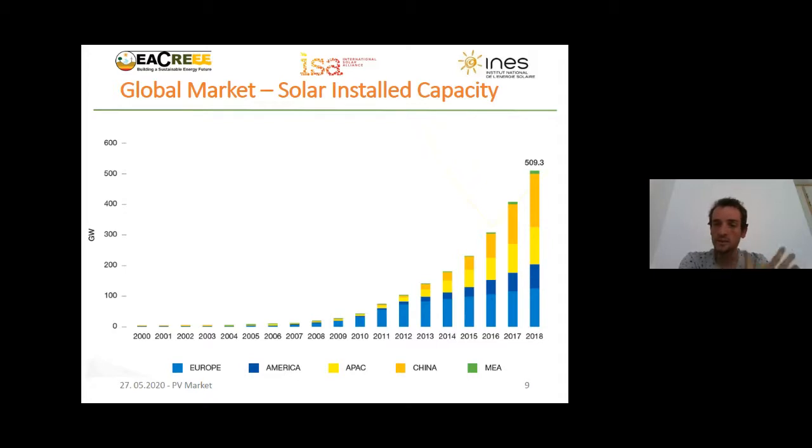You see that now the global installed capacity is approximately half Europe and America, and half South Asia, China, and Middle East and Africa countries. And the share of the market from Asian and African countries should be growing in the next years.